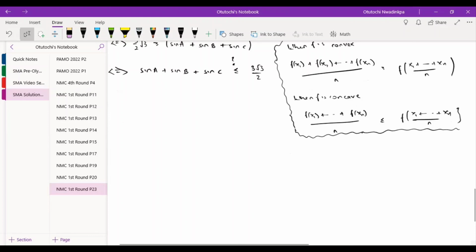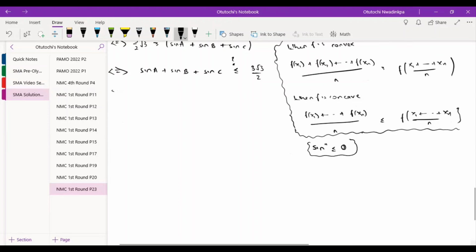So sine is actually concave in that interval. We can check this by showing that the second derivative of sine is less than or equal to 0. So basically, you can check this, but sine is concave in that interval.